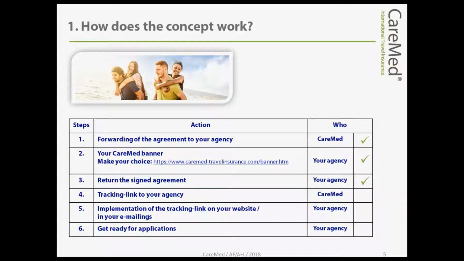Afterwards, you return the signed agreement, and we send you the tracking link and all information in order to implement the banner. And then again, it's your turn. You implement the banner on your website and you send the tracking link to your participants. And then you're already ready for applications and your participants can travel abroad safely.